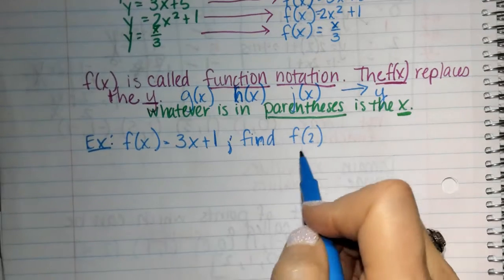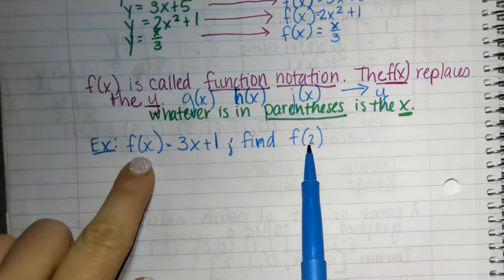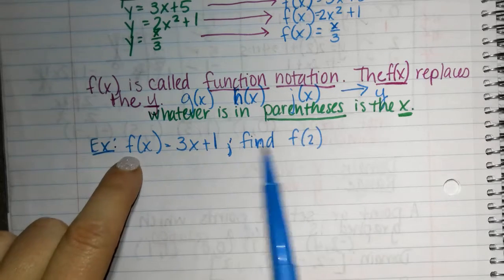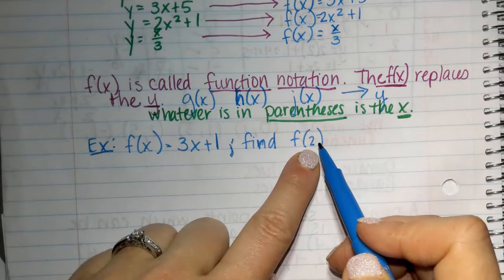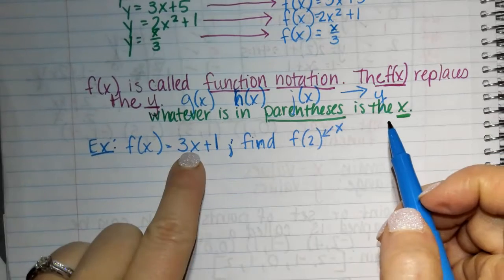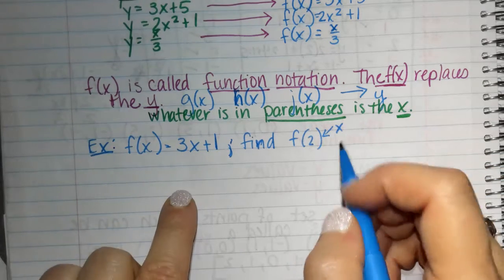Find f of 2. What that's just saying is the 2 is your x. You need to find f of 2, the function of 2. So this is just your x. So everywhere you see that x in the function, you put the number that's in the parentheses.